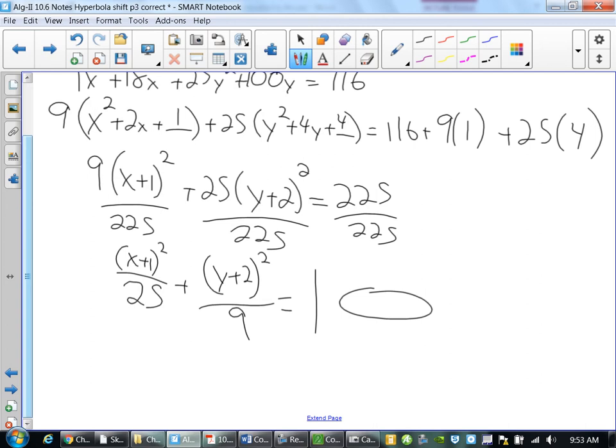How do you find c with an ellipse? Remember, the c values are always going to be the opposite of the sign of the equation.